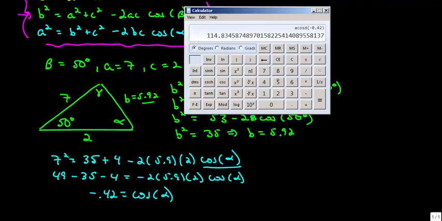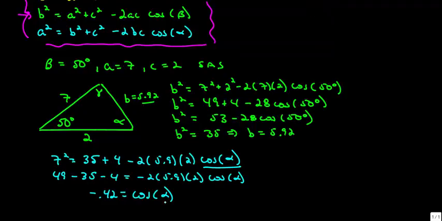And I'm going to get 114.83. So that's telling me that alpha is about 114.8 degrees. Okay. And now we'll go ahead and keep solving.